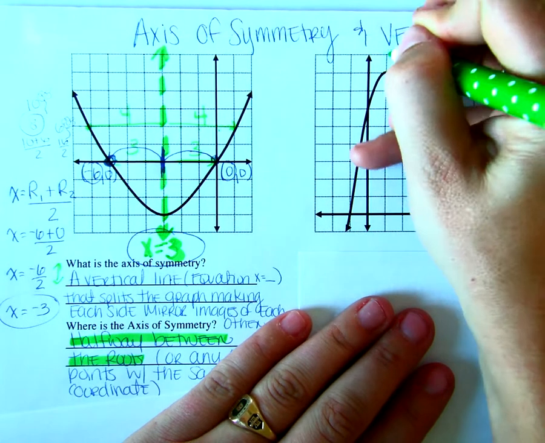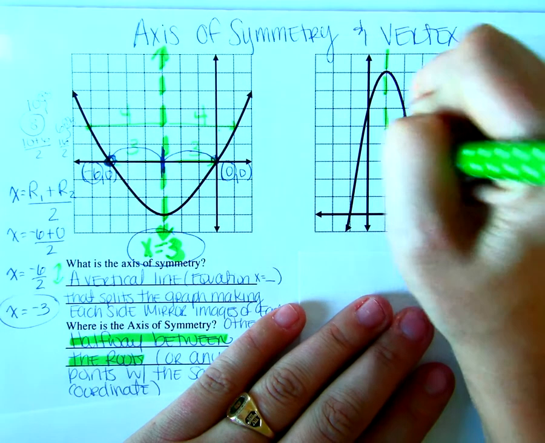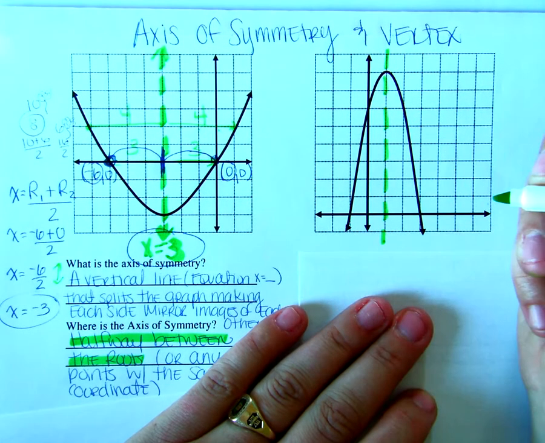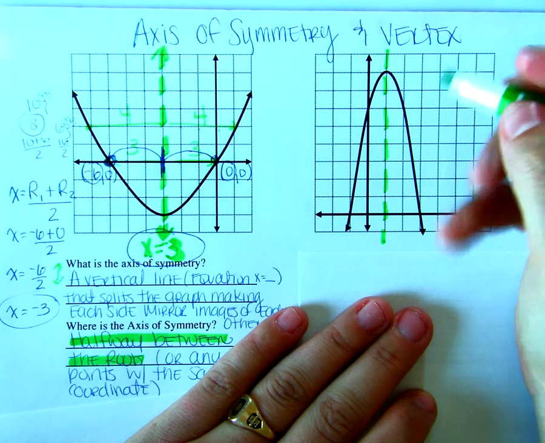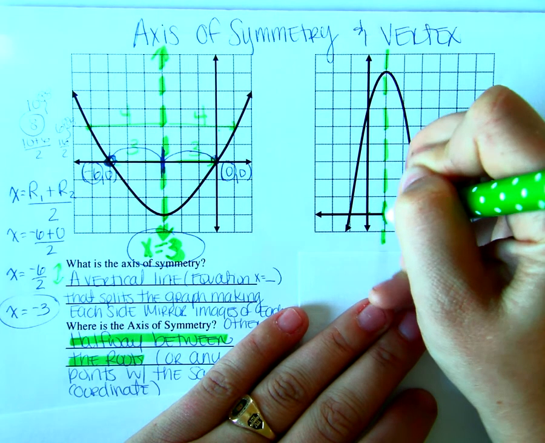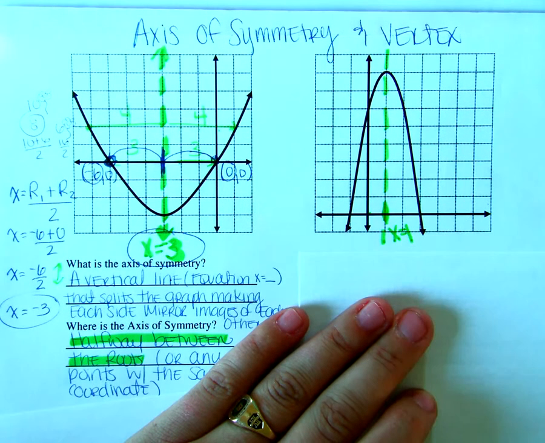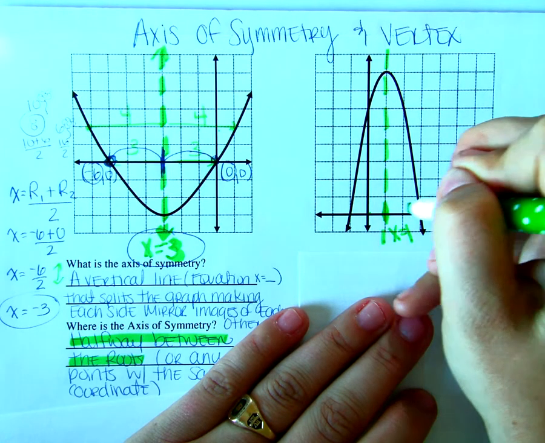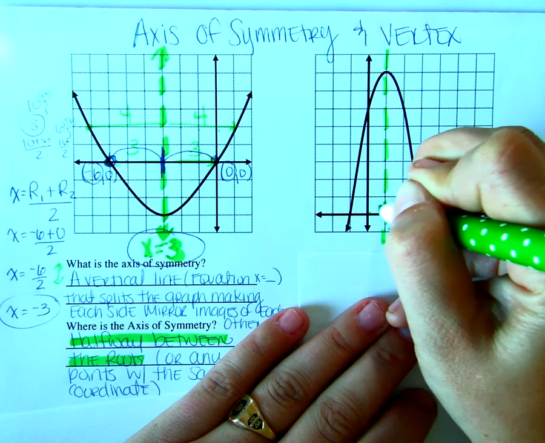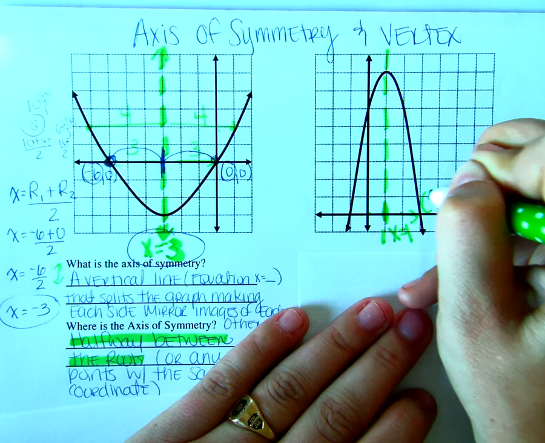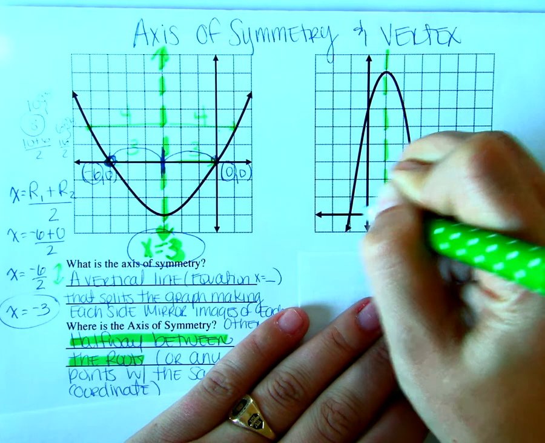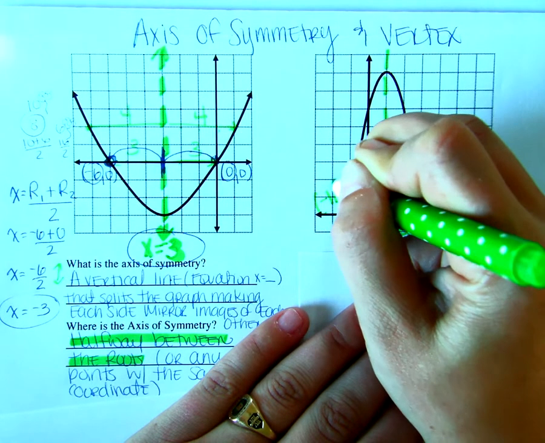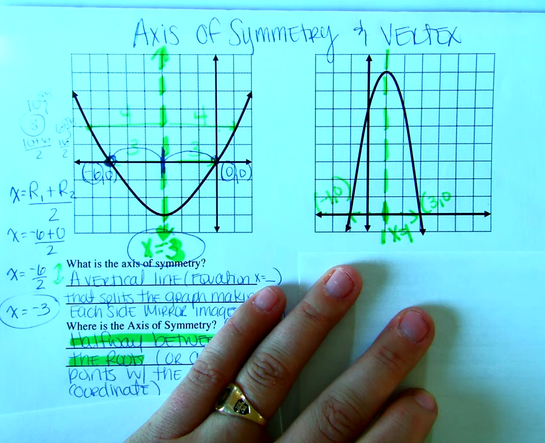Again, it's the single line that splits the graph in half, and as you see, it's at x equals 1. So this root is at 3, 0, and this root is at -1, 0. I'll write that in pen.